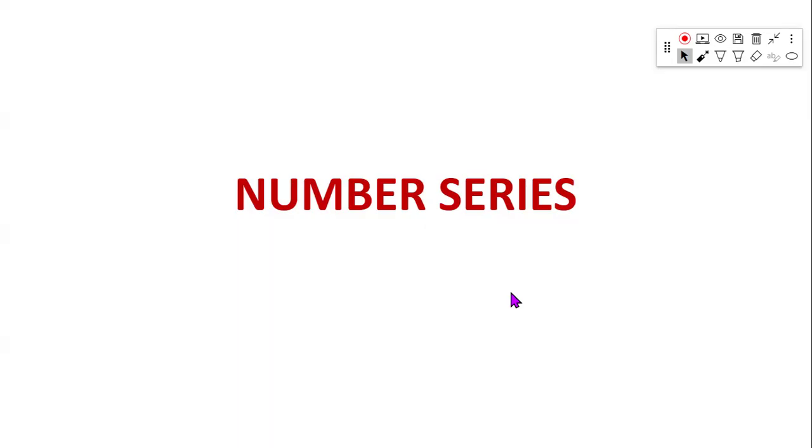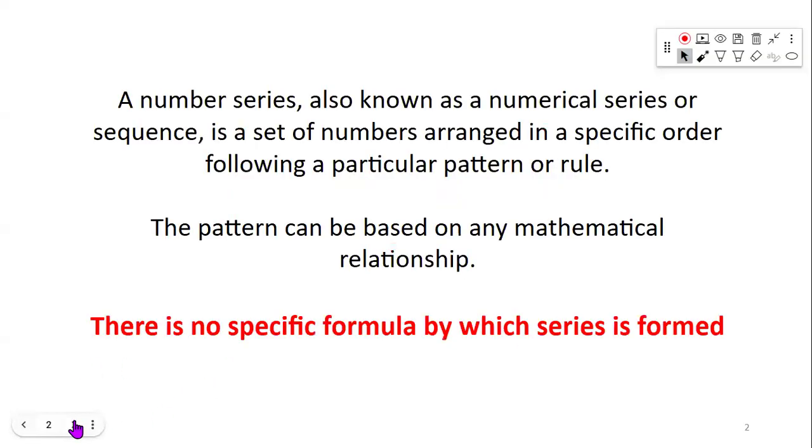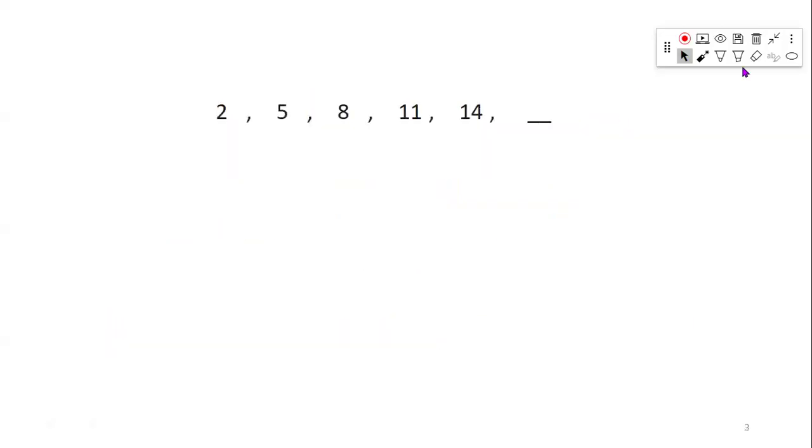Number series can be formed with addition, with subtraction, with product, with division. So many other ways of forming number series. There is no specific formula to find the number series.